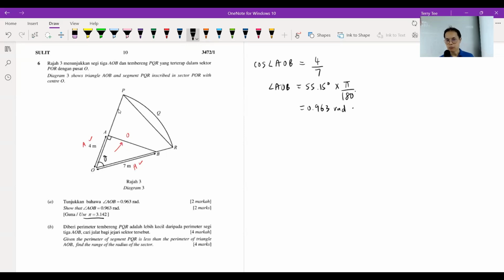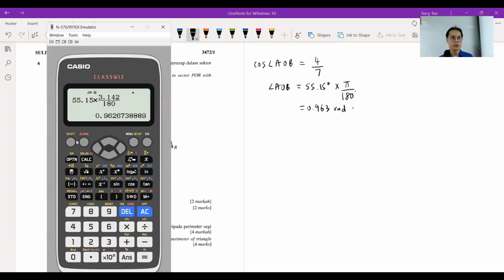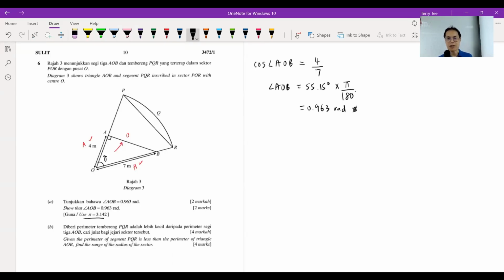Now, why I say this is not good, because you can just change your calculator angle input, shift menu, go to number 2, change the angle to radian. We can just change it straight away. Shift cos 4 over 7, you will get the angle straight away, 0.963, right? A lot easier. You don't even have to do this, okay? But anyhow, I've already shown you here.